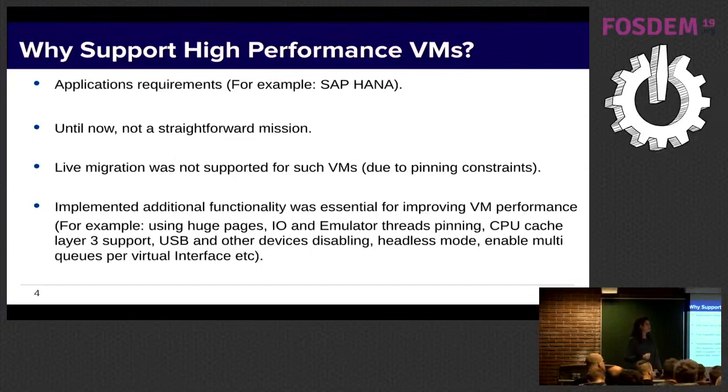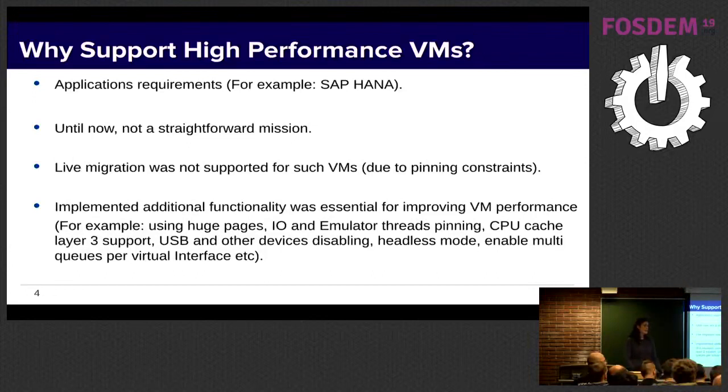They just needed to go over the VM settings one by one, understand what they are doing, search for the relevant settings, and improve the performance. But it was not a straightforward mission to do. And now it's much easier.